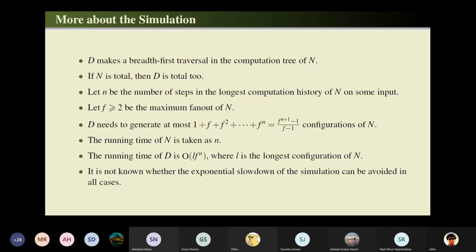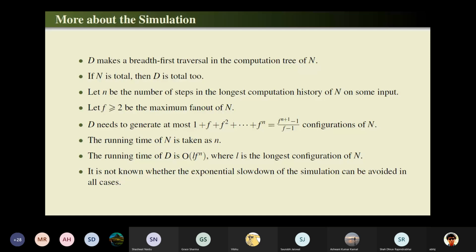And if n is the maximum length of computations, that means how many steps there are, what is the worst kind of or the biggest kind of tree that we can have? A root, f children, each of these children will have f children each.